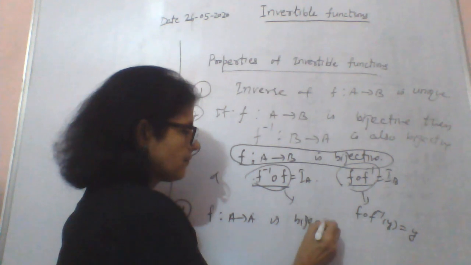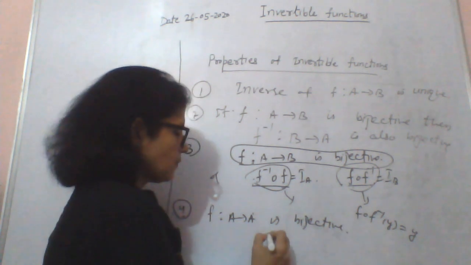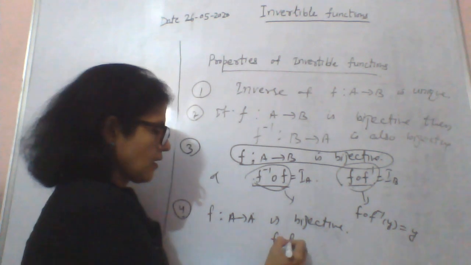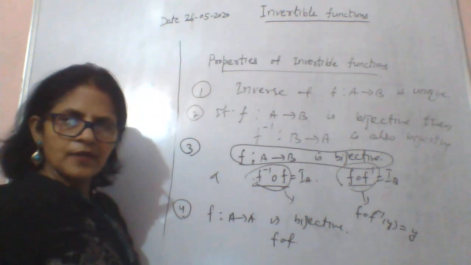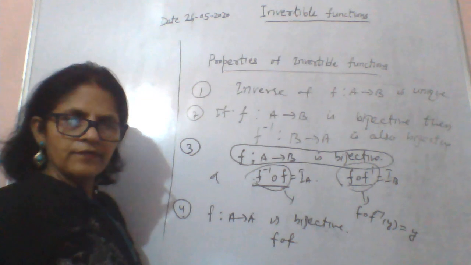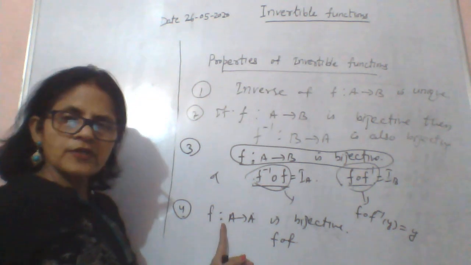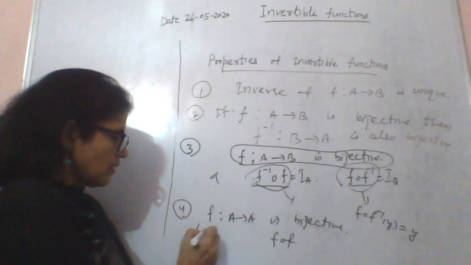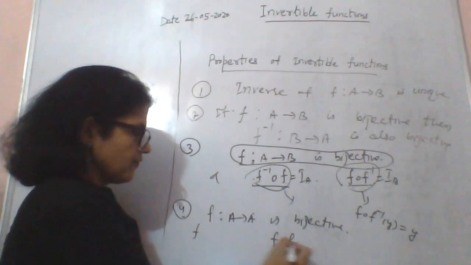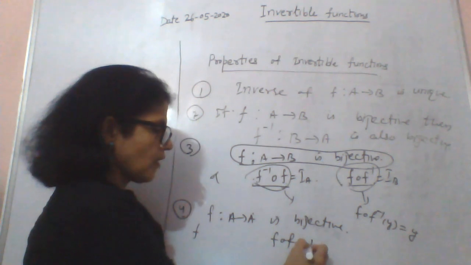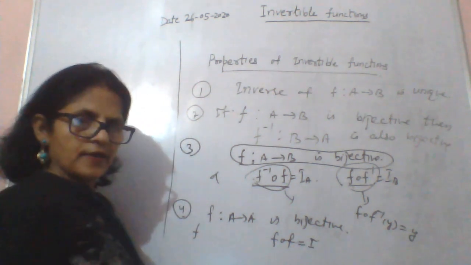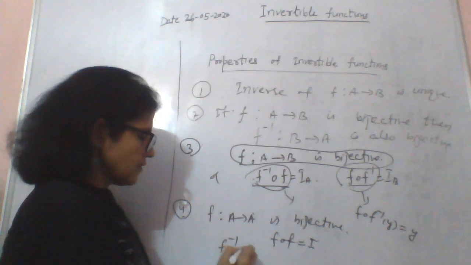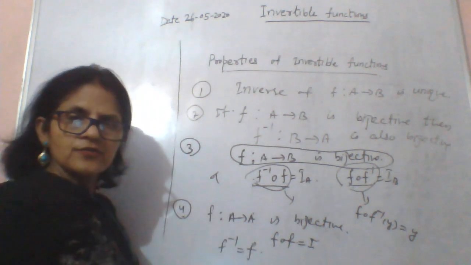and it is bijective, then f inverse exists, so you can have f inverse as a function from A to A. So what you will be getting here is f of f equal to I. So it means f inverse equals f.